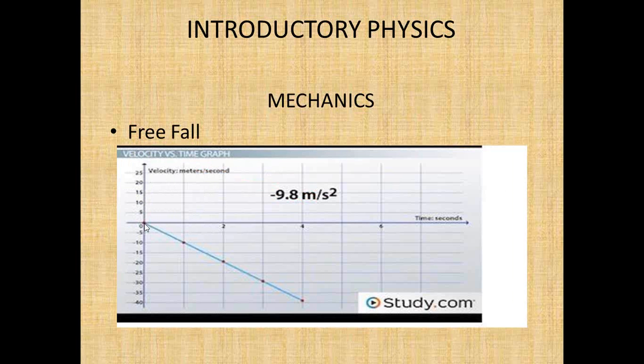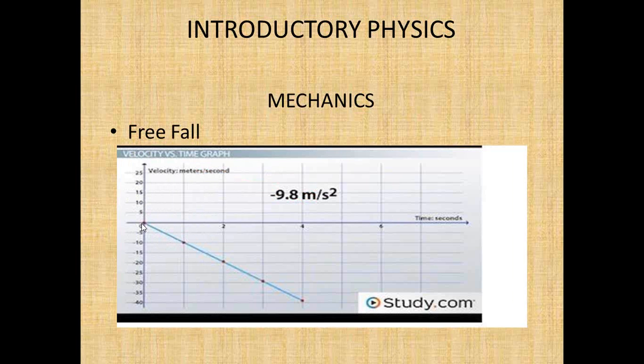Because the object is going downward, it's in this negative quadrant. But as time increases, the velocity increases because it's in free fall, under gravity. So even though it's negative, you can see the number is increasing.